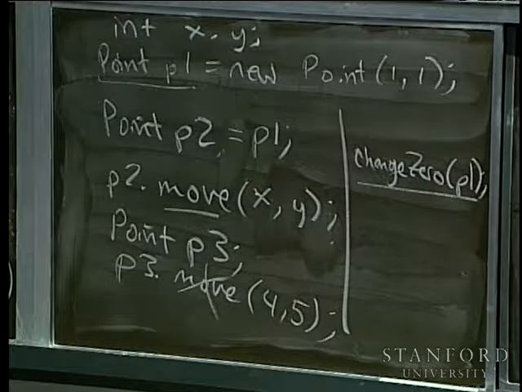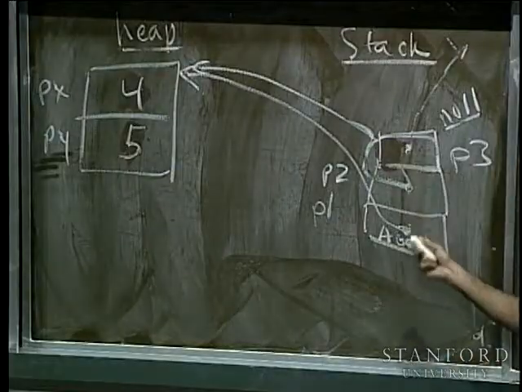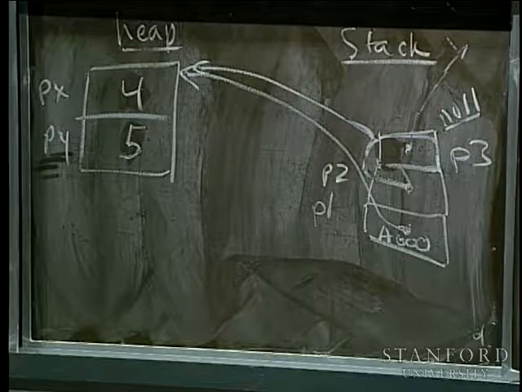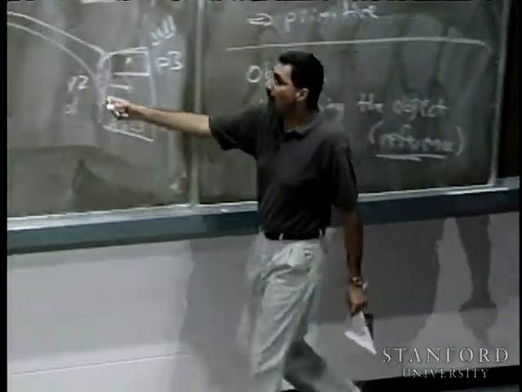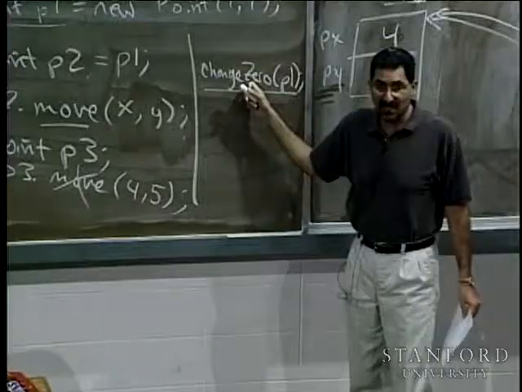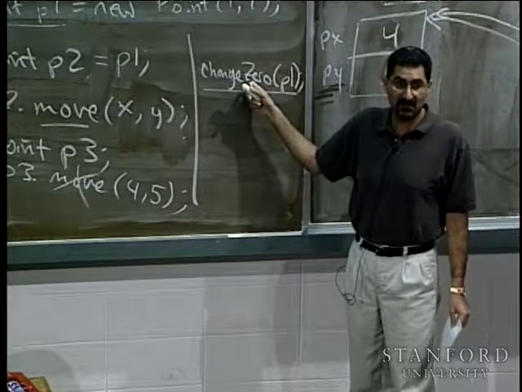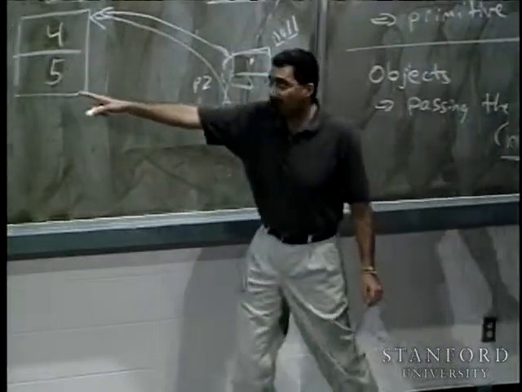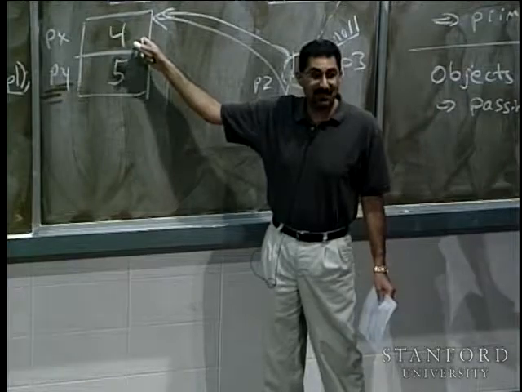If the address that's in here is, let's say, the value A000, I pass as my parameter A000, which means what I have is a reference, because I have that pointer, to where p1 really lives in memory. Which means if this method decides that it's going to muck around with p1 and tell it, hey, p1, move yourself to some other location, the values that it's going to change when it makes method calls on the parameter that's passed in is at this place in memory, because it knows where this place in memory is, right?